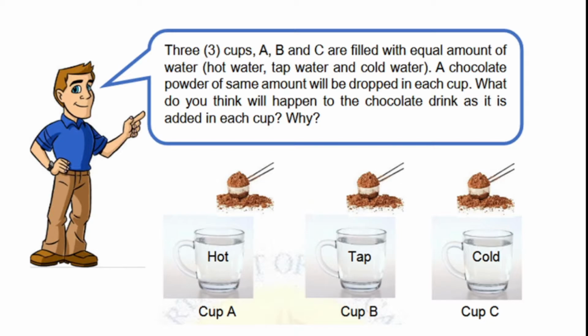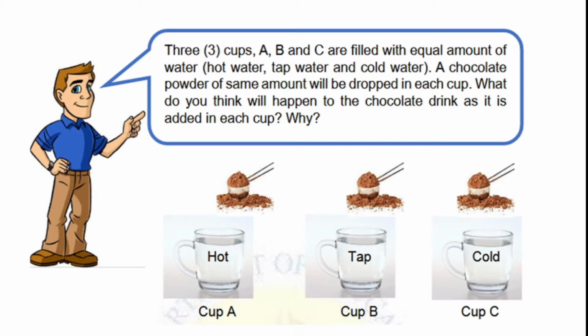Another student said the chocolate powder will dissolve fastest in hot water and is slowest in cold water. And another raised their hand and said the chocolate powder in the three cups of water will dissolve at the same time. Which is really the best answer for you?